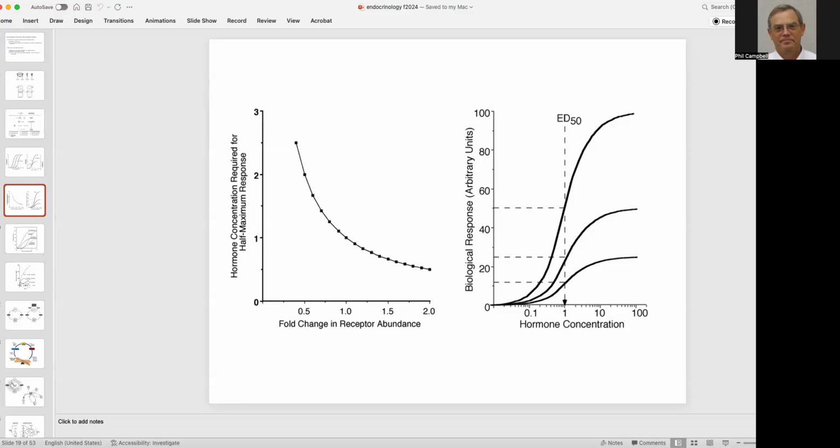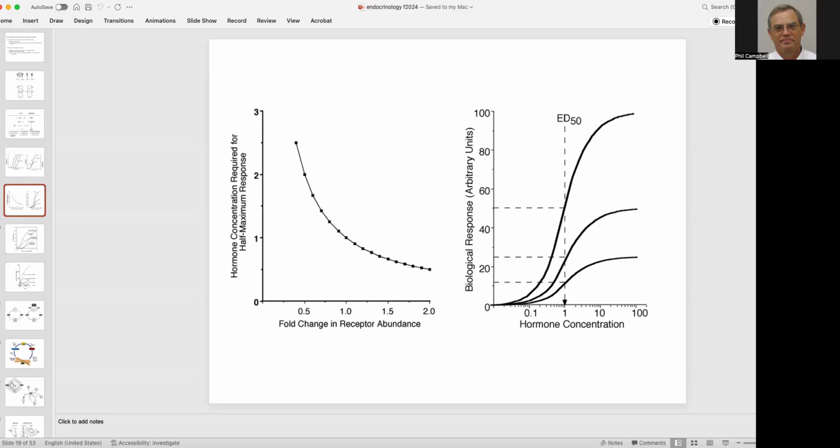In this one, the half maximal response occurs at the same concentration, but the maximum biological response, not in percentage but in arbitrary units, depends. So the concentration at half maximal is the same, but this is going to give me a least response, medium response, and the highest response, right? Then this is independent of concentration, right?